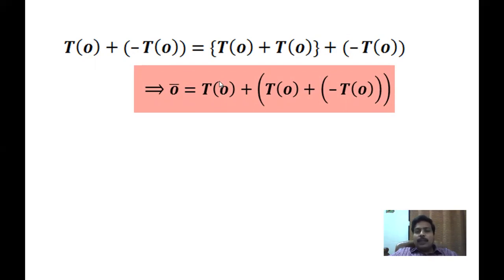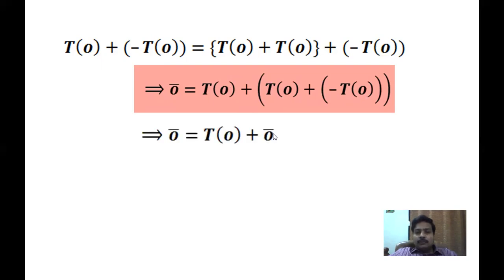By associativity in W, I can exchange these brackets. Since we are in W, all these elements are in W. W is a vector space in which the associative law holds. That's why I can exchange these brackets. Now T of O plus minus T of O is again zero vector O bar.